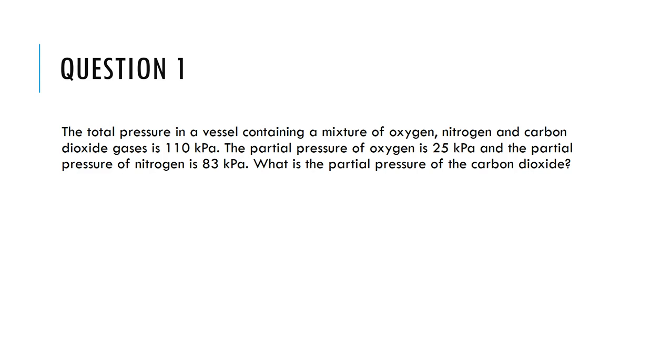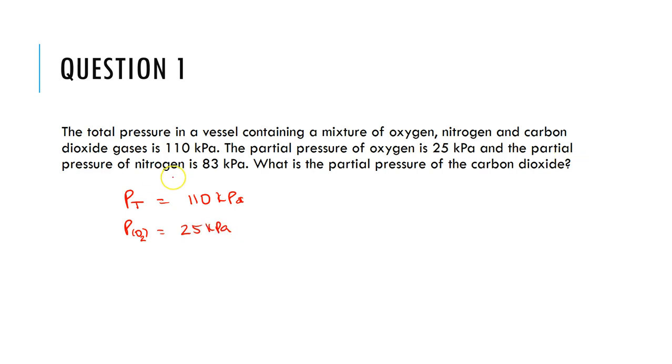So let's have a look at how a question may look for that, so we know what it looks like, and then this will be done. The total pressure in a vessel containing a mixture of oxygen, nitrogen, and carbon dioxide is 110 kilopascals. So P total is equal to 110 kilopascals. The partial pressure of oxygen, P of O2, is equal to 25 kilopascals.